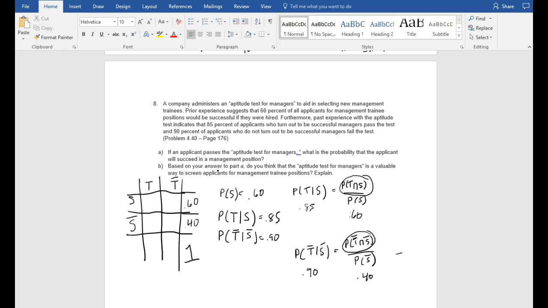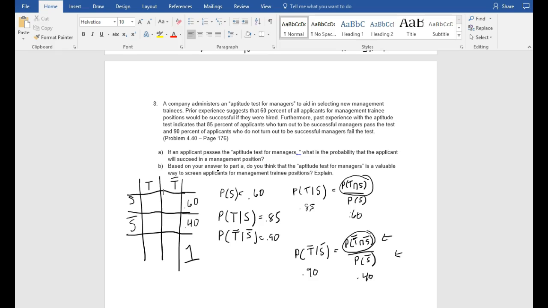In this bottom one here, we're just going to multiply both sides by the probability of not S, which is 0.4, to come up with the intersection, not T and not S. So we multiply 0.9 times 0.4, and that gives us 0.36.